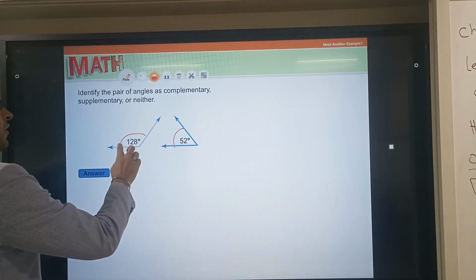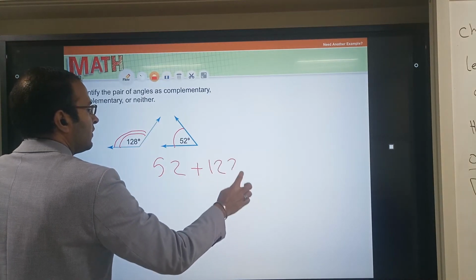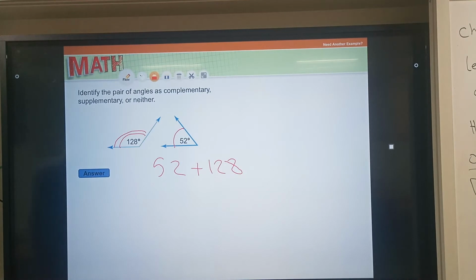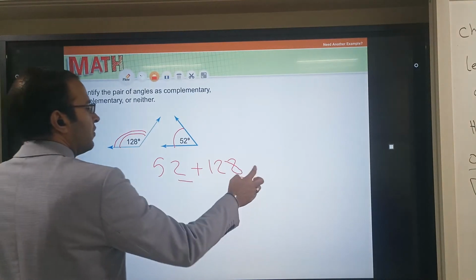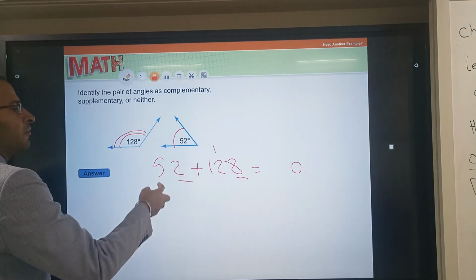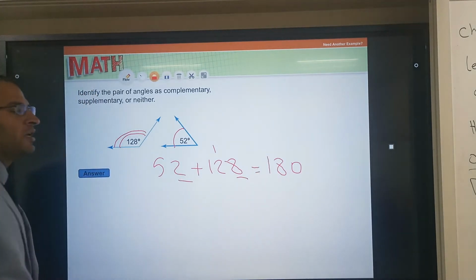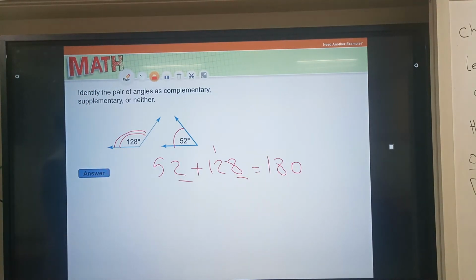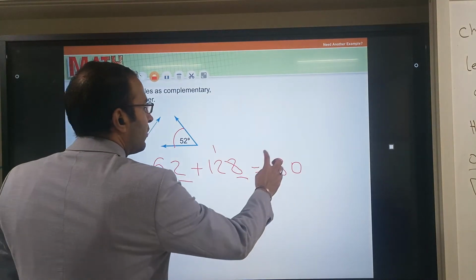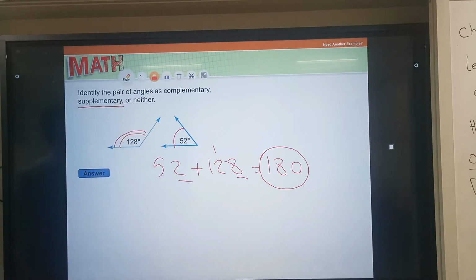If I add 52 plus 128, add with me please, unit with unit: 2 plus 8 equals 10, 0 and carry over 1, 1 plus 2 is 3, 3 plus 5 is 8, and bring down the 1. So the sum of their measure is equal to 180. So they are supplementary.